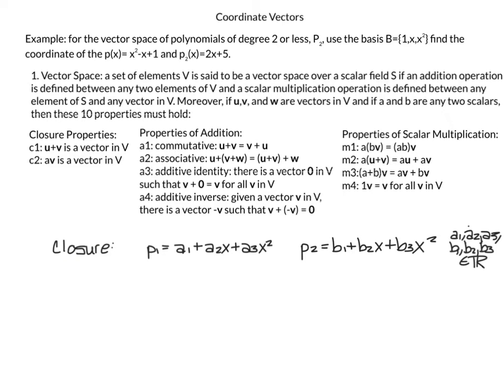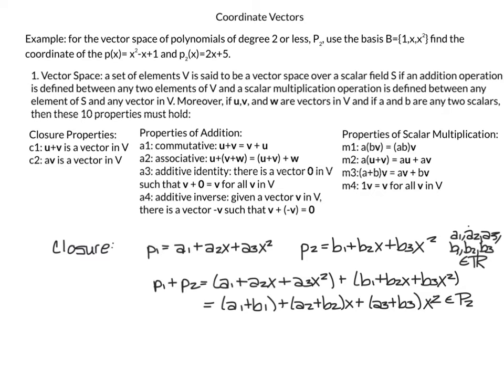If we add them together, we get P1 plus P2, which is A1 plus A2x plus A3x squared plus B1 plus B2x plus B3x squared, which is equal to, grouping our like terms together, A1 plus B1, A2 plus B2 times x, A3 plus B3 times x squared, which is still a polynomial of degree 2 or less, and therefore our addition is closed.